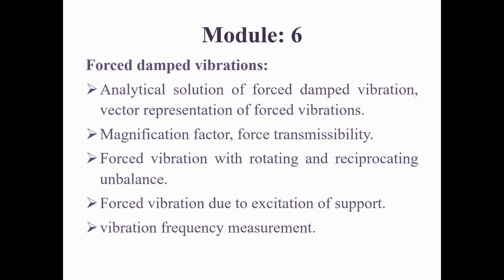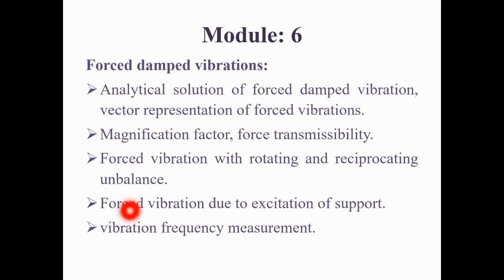Then magnification factor, force transmissibility, then we can also study frequency response curves. Then forced vibration with rotating and reciprocating unbalance, in which also we are going to study frequency response curve. Forced vibration due to excitation of support.